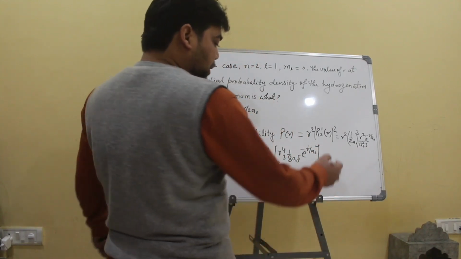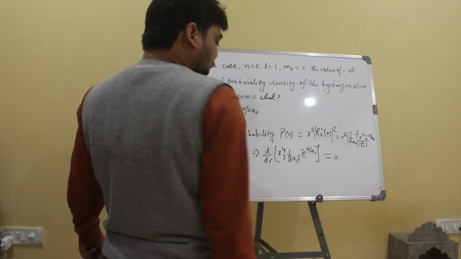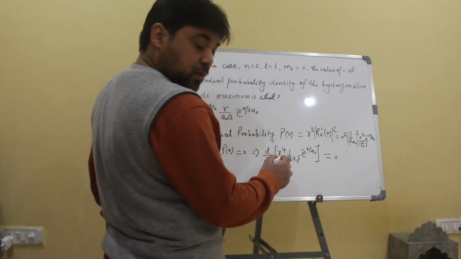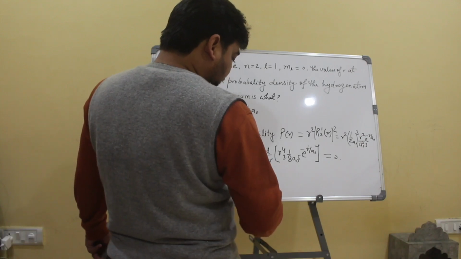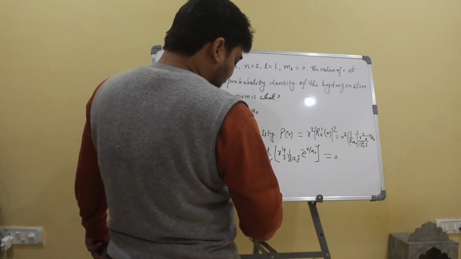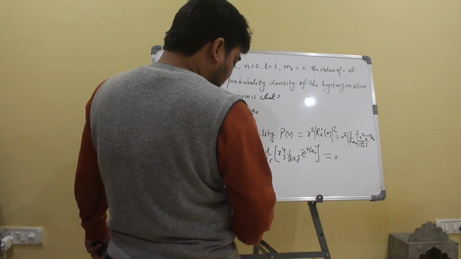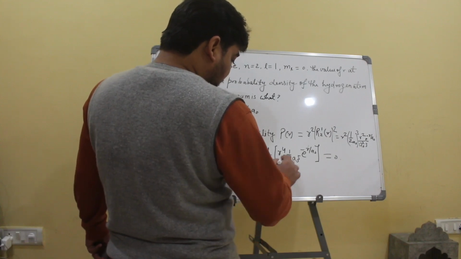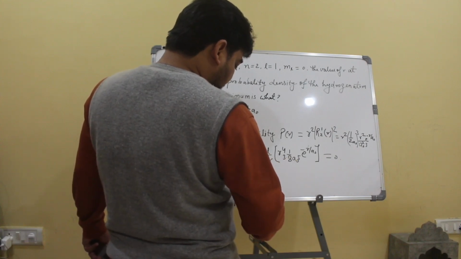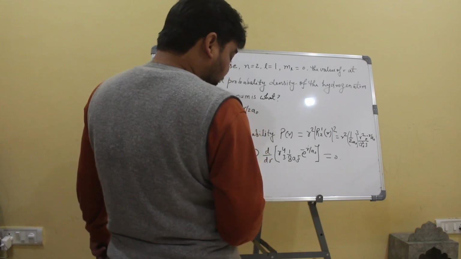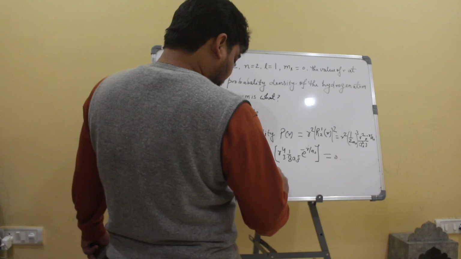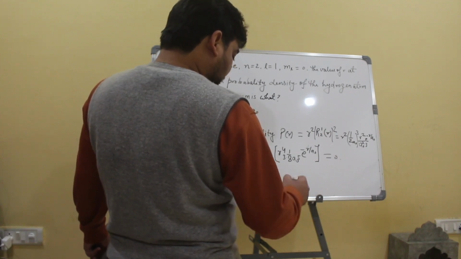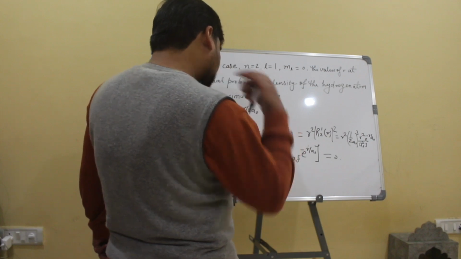Now this is a simple differentiation, right? So just differentiate it. It will give you 4r cube divided by 24 a0 to the power 5 e to the power minus r by a0, right?